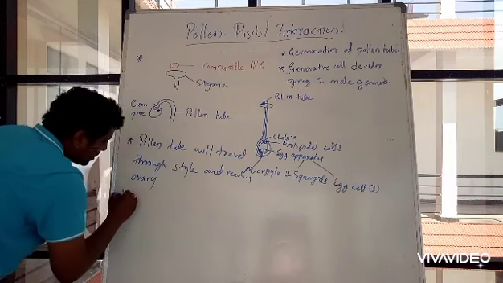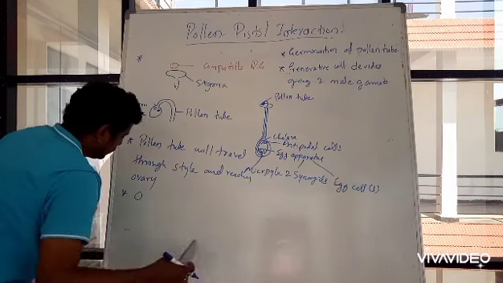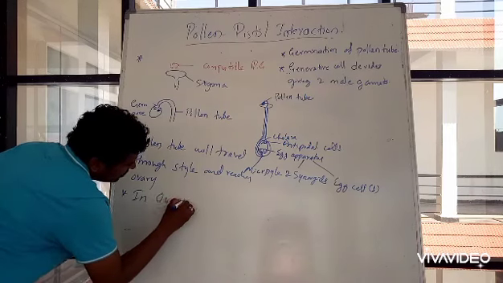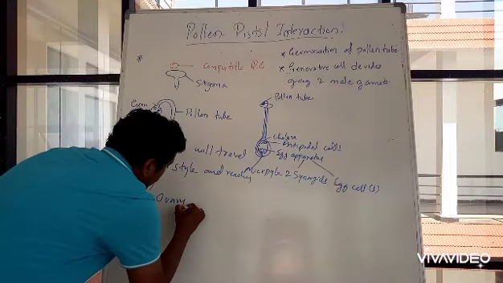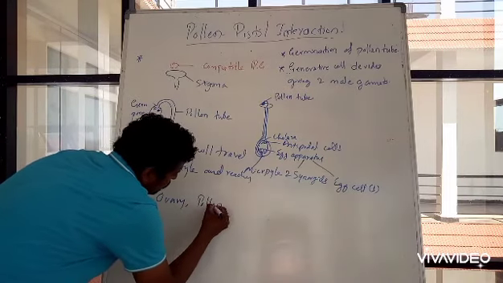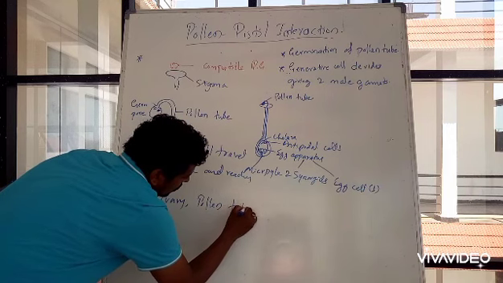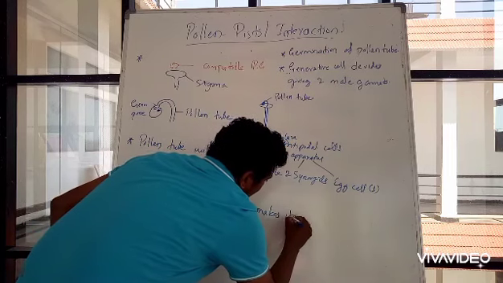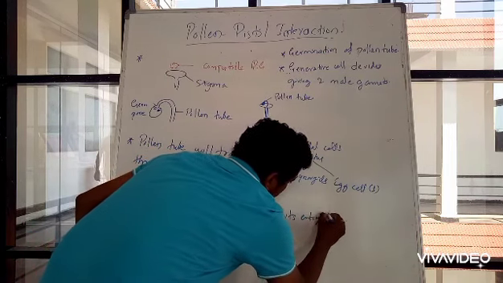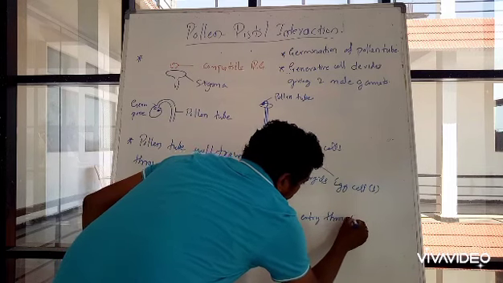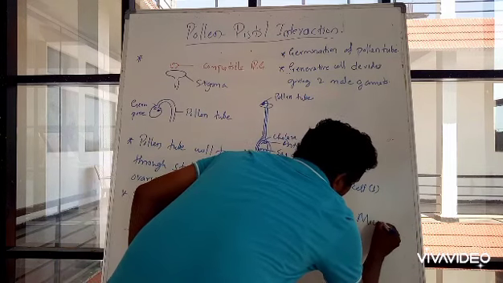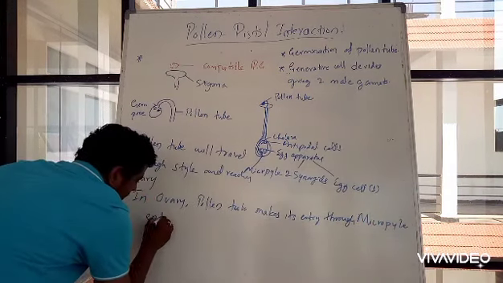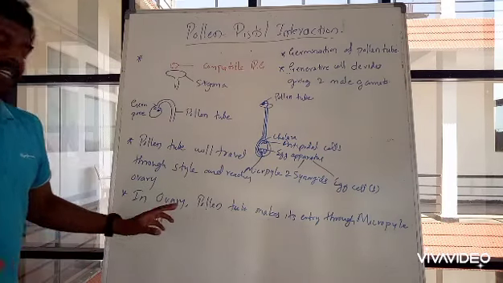Okay, so inside the ovary, this pollen tube makes its entry through the micropyle end.